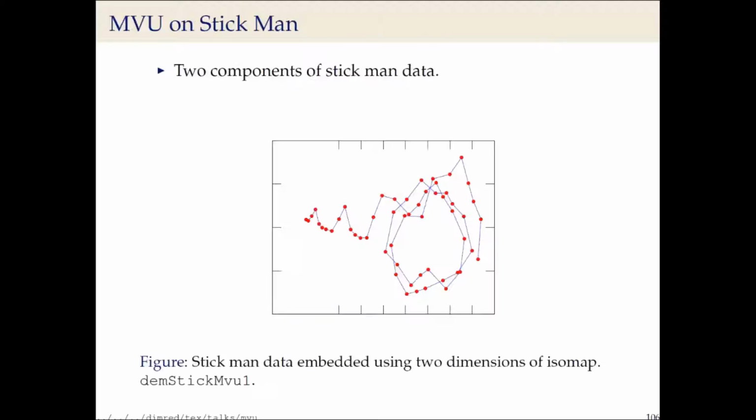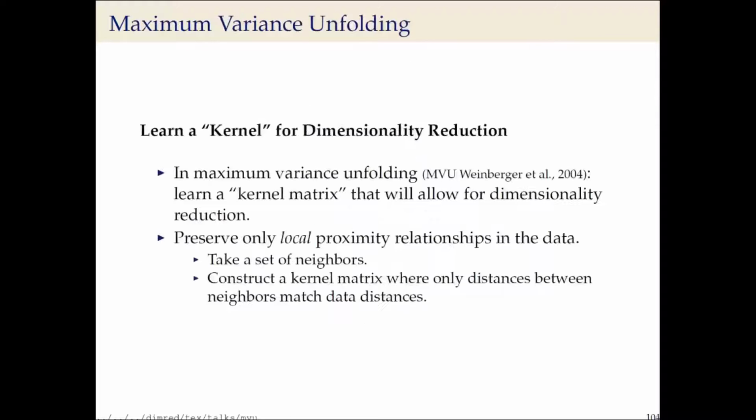One of my motivations for getting into this is this work, Maximum Variance Unfolding, where they explicitly said we're going to learn a kernel to allow for dimensionality reduction. And they're much more explicit about what we're doing. In this case, they actually do a semi-definite program to fit.